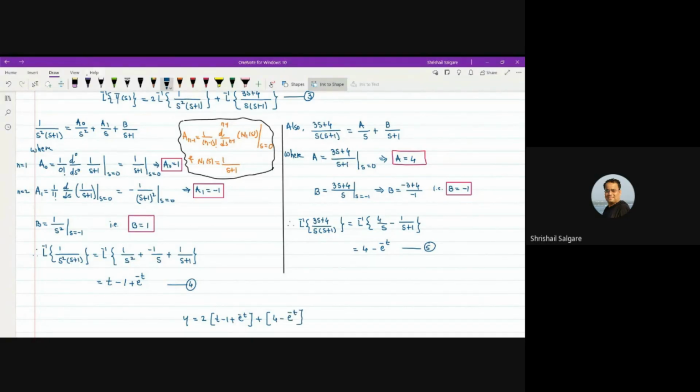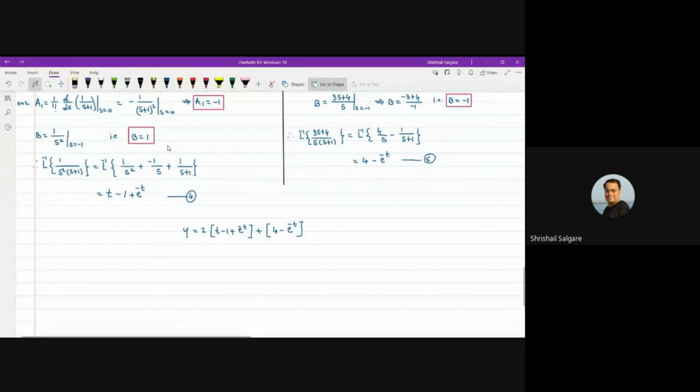And if you simplify this, it can be written as 2t minus 2 plus 2 times e to the power minus t plus 4 into e to the power minus t, which is given by constant term 2, plus 2t plus e to the power minus t.